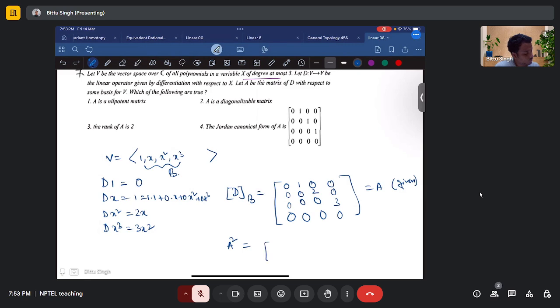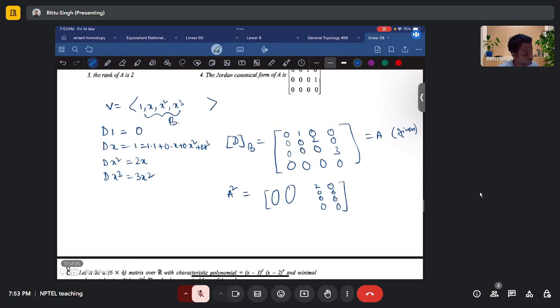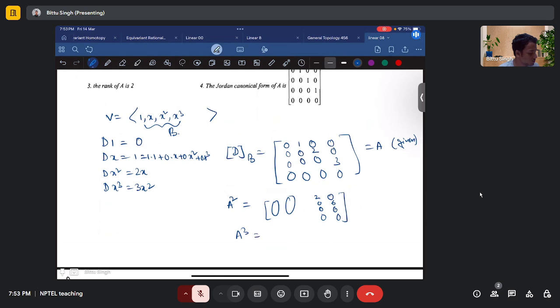A square means the first row becomes 0, the second row will also be 0, because taking the first row, the combination will be the first row. Similarly, the next entries will be like this. The first two entries are 0, the third column will be 2 times the second. So it is 2 0 0 0, and the fourth column is 6 0 0. Similarly, for A cube, it is just 0 0 0 and something non-zero here.